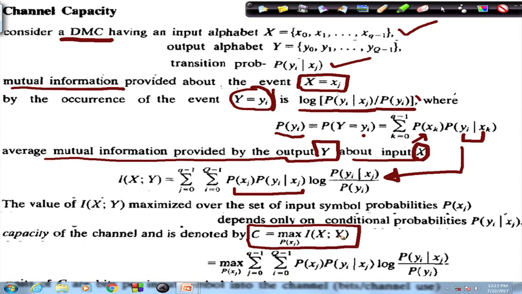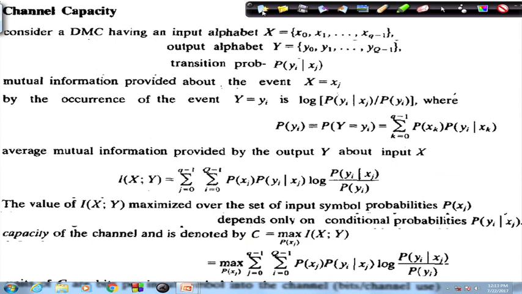Now, this might appear a bit abstract, but we will have to live with whatever description we have here, because we cannot spend much time on the details of how these steps have arrived. Anyway, we will still try to explain. The value of I(x;y) is the average mutual information.